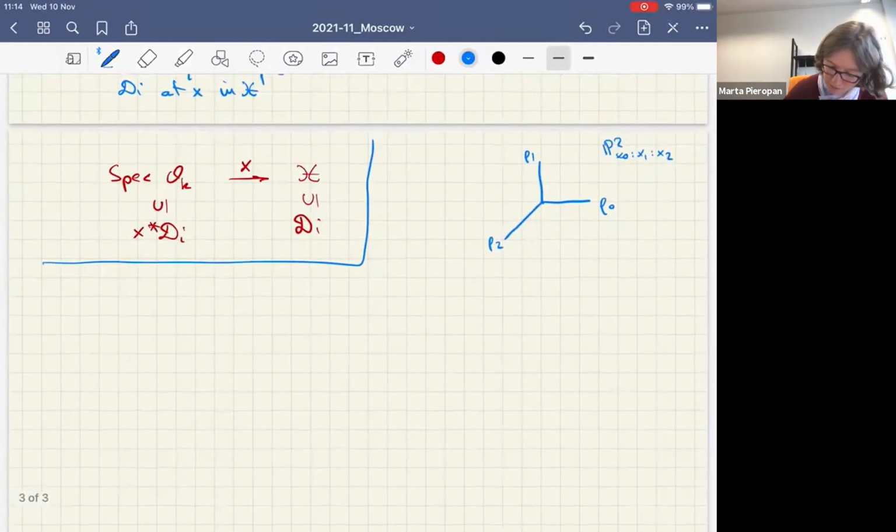And then we have that these divisors that we're looking at, the 𝒟_i, are just asking that one of the corresponding coordinates x_i is 0. So these are just the three coordinate lines in P^2.